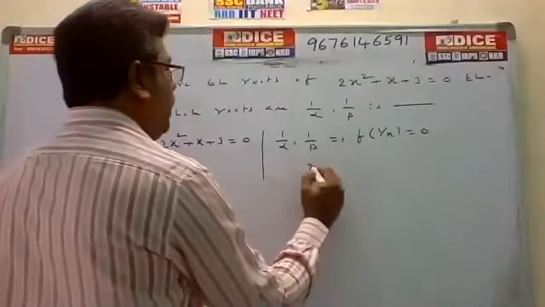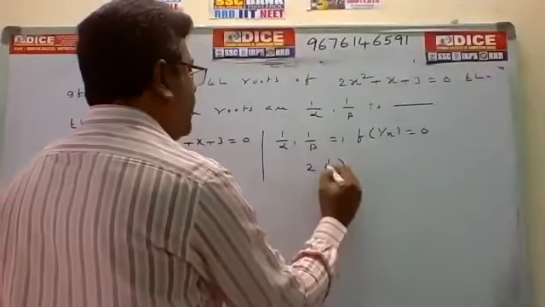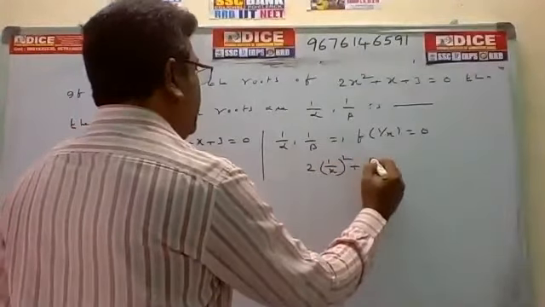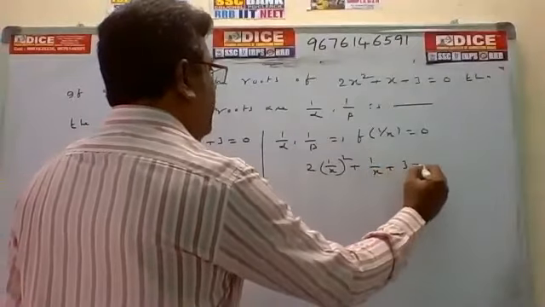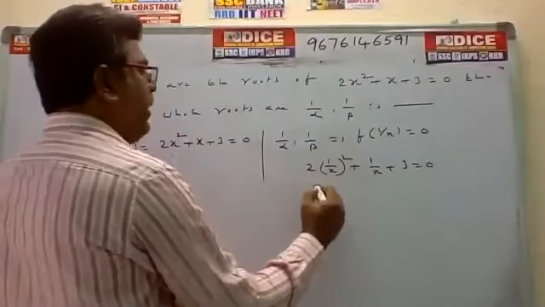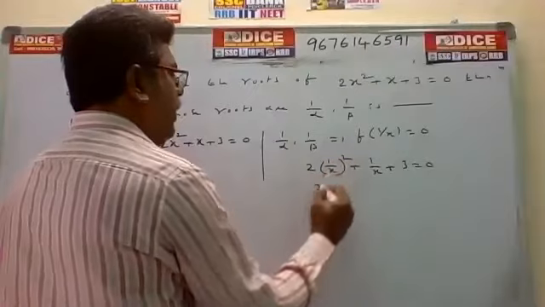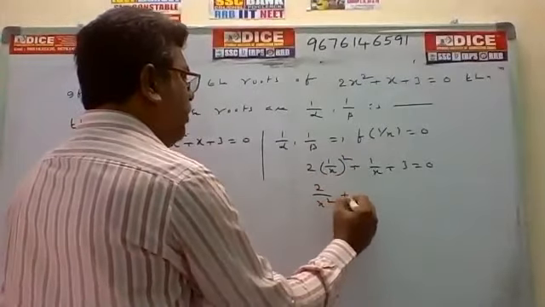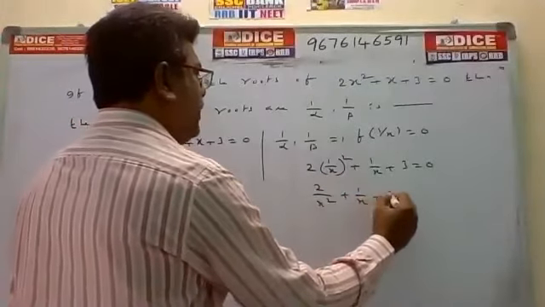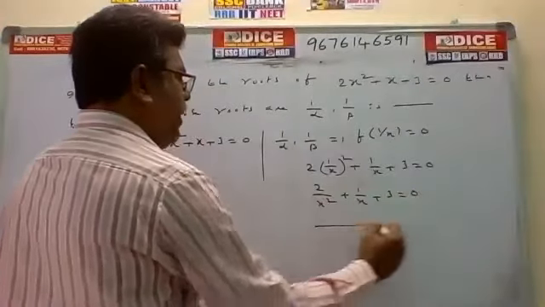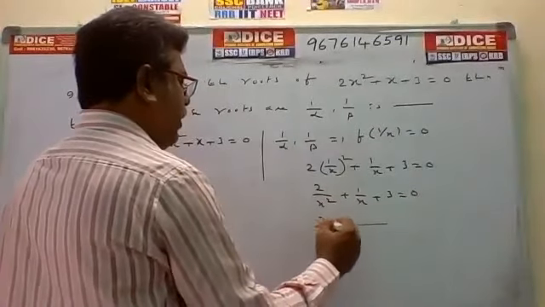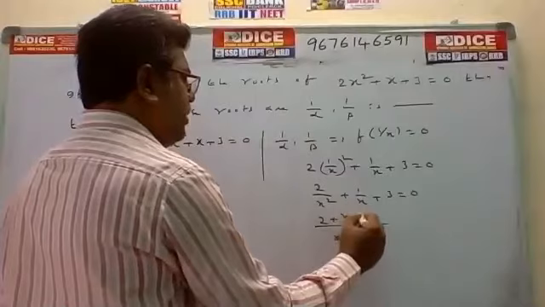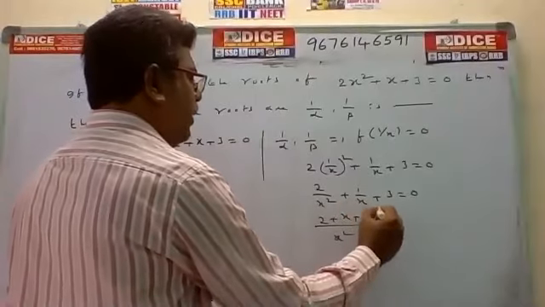So 2 into 1 by x whole square plus 1 by x plus 3 is equal to 0. Expand it: 2 by x square plus 1 by x plus 3, take LCM as x square: 2 plus x plus 3x square over x square.